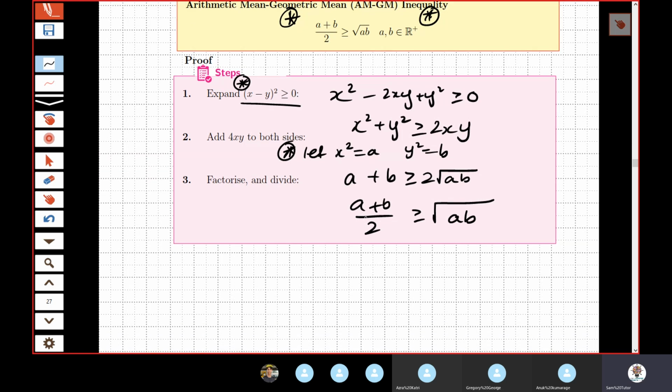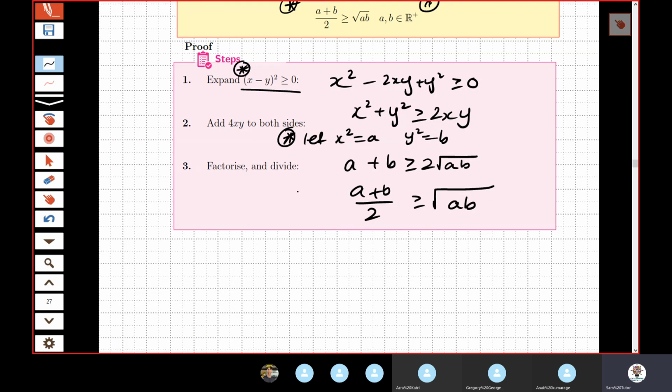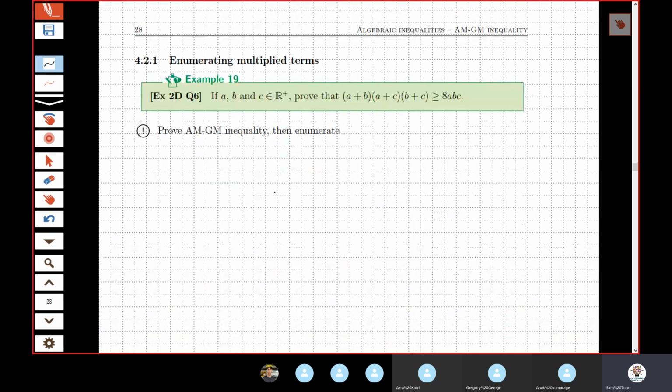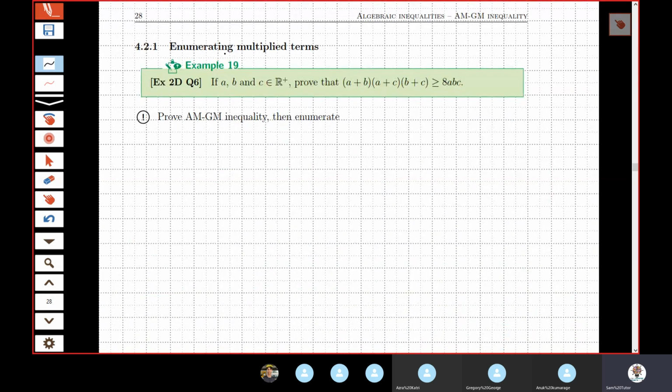Beautiful. Hubert, the person who teaches from Normanus here, he says add 4xy. I don't say that. I say just move your 2xy to the right-hand side. I think it makes a bit more sense than adding 4xy to both sides. But anyways, each teacher to their own.